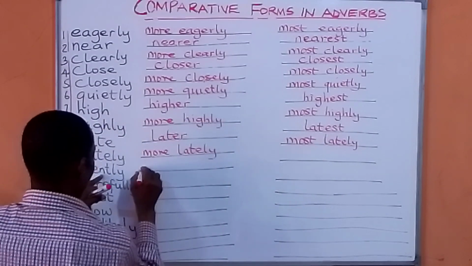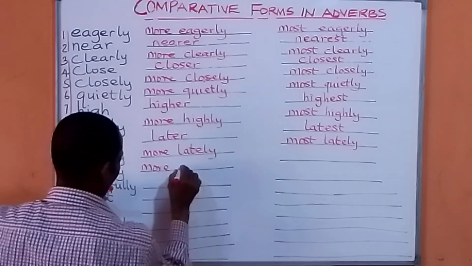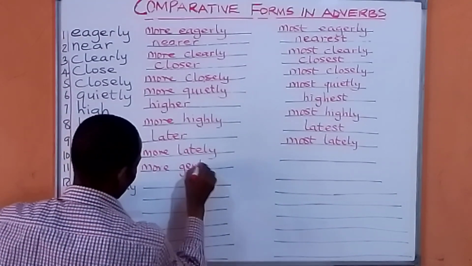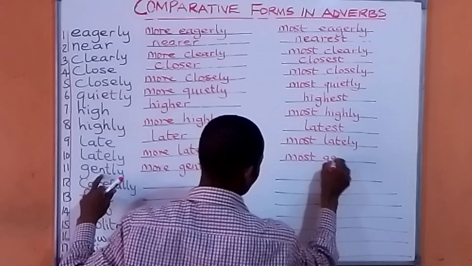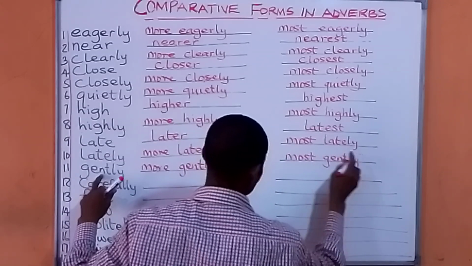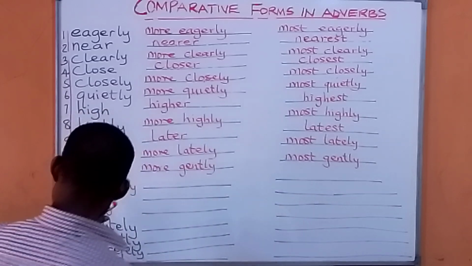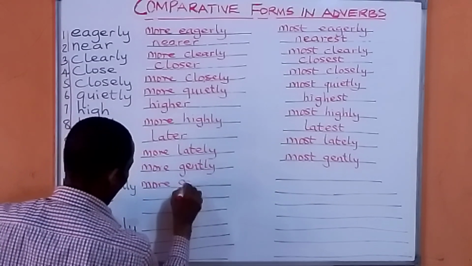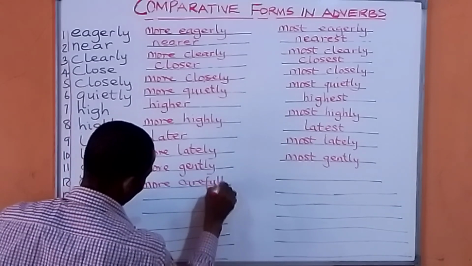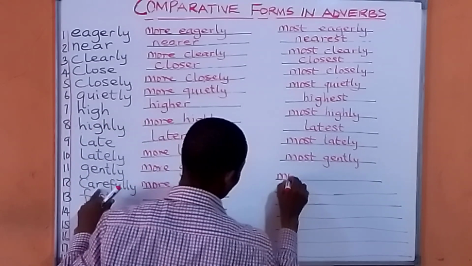Gently, the same ly is there. So you add more there, more gently, most gently. Okay? Here also carefully, ly is there. So you write more carefully, most carefully.